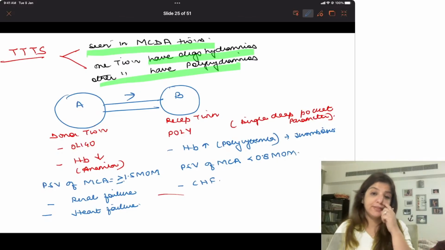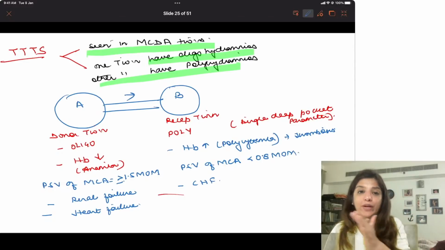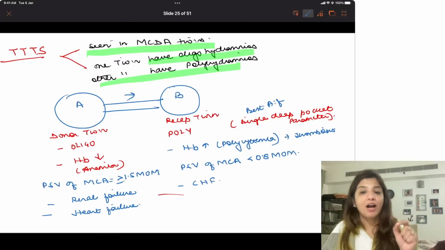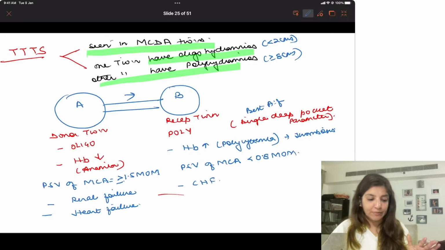Now please remember that in twin pregnancy, the best parameter to know about amniotic fluid is not amniotic fluid index. Best parameter is single largest vertical pocket. If it is less than 2 centimeters, it is oligo. If it is more than or equal to 8 centimeters, it is poly.